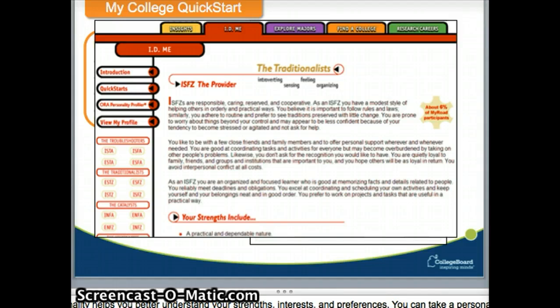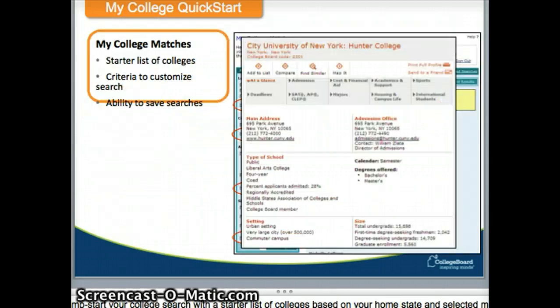Students can take a personality test to find their type and then explore majors and careers that may be a good fit for them. Students can also jumpstart the college search with a starter list of colleges based on their home state and their selected major. They can then customize this list to meet the criteria that are important to them.